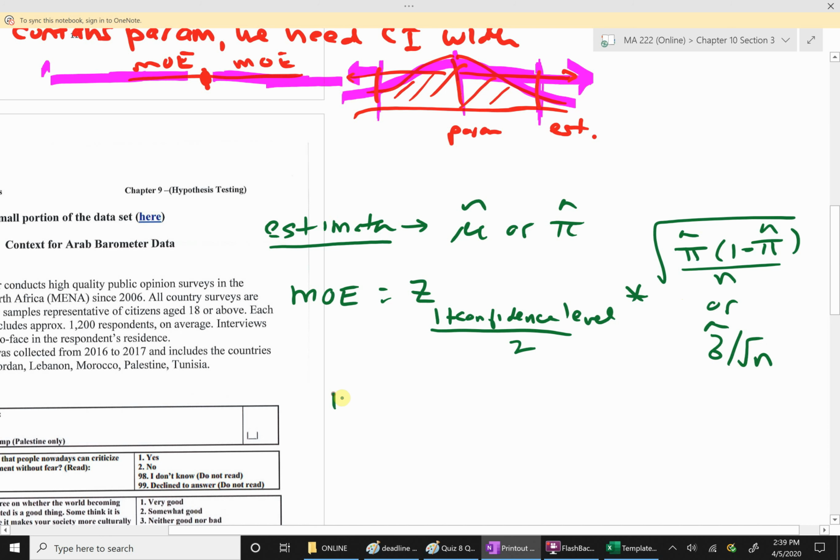Our input, and I'm going to do these for pi and mu separately, okay? So the input that we need for pi is we're going to need pi hat, we're going to need n, because this is coming into our estimated standard deviation for pi hat here, and we're going to need the confidence level.